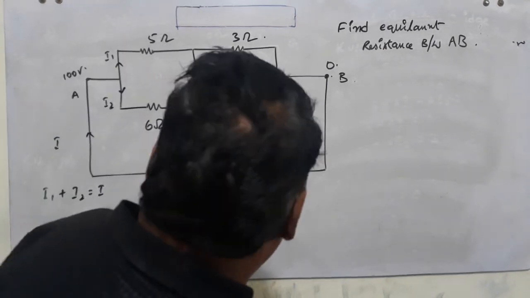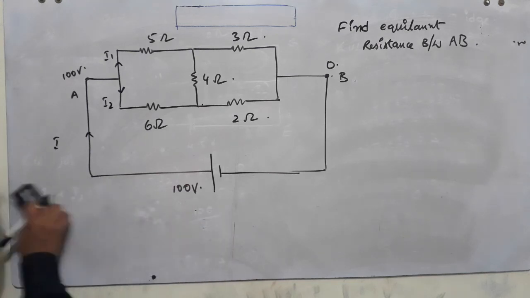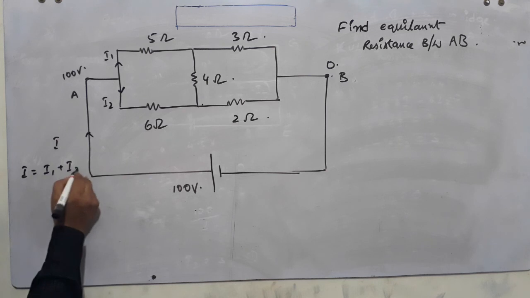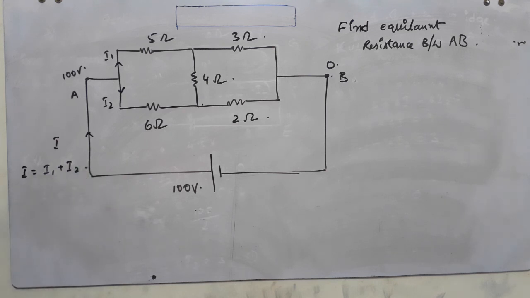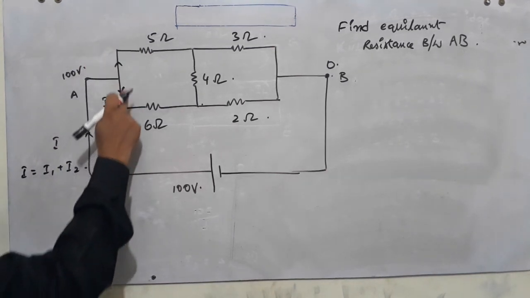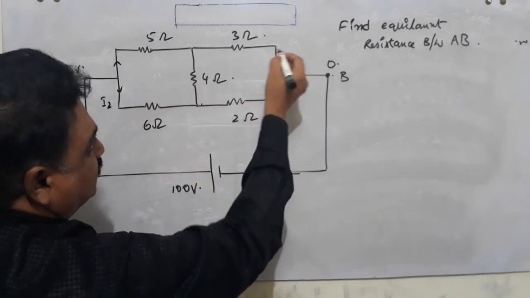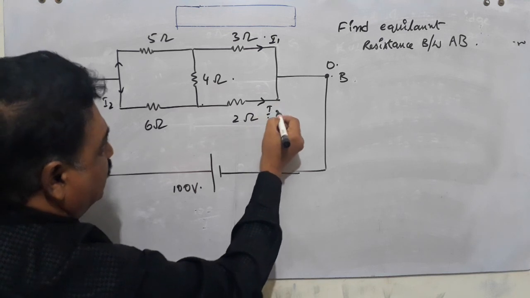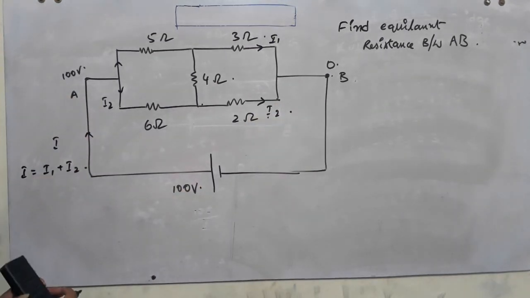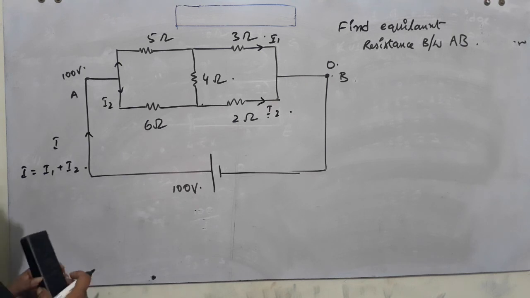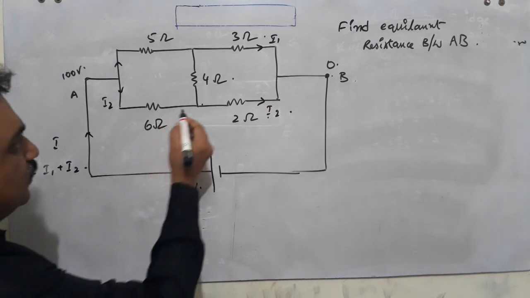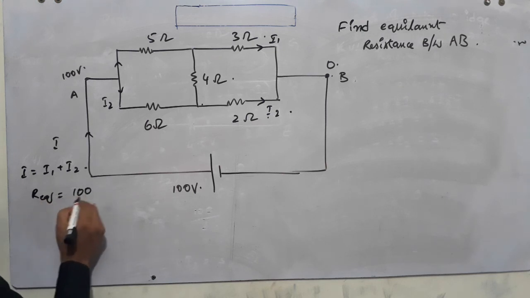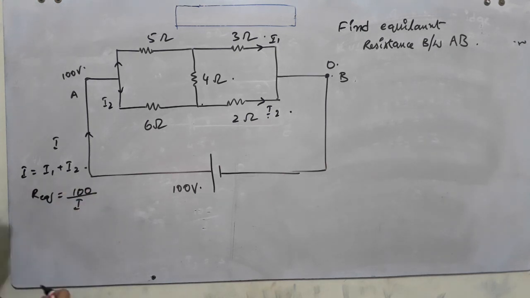See, I am writing this just beside. I is equal to I1 plus I2, and this I1 and I2 can also be taken here as I1 and I2, just like this. So R equivalent is equal to 100 by I, that is I1 plus I2.